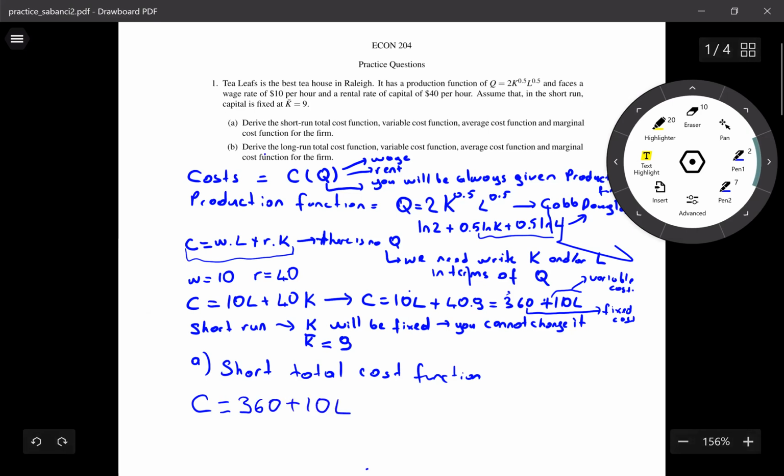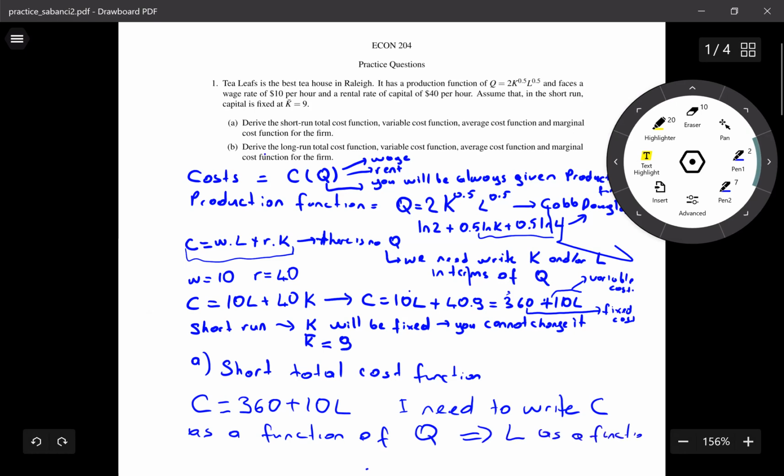What I need to do is write C as a function of quantity, which means that I need to write L as a function of quantity.